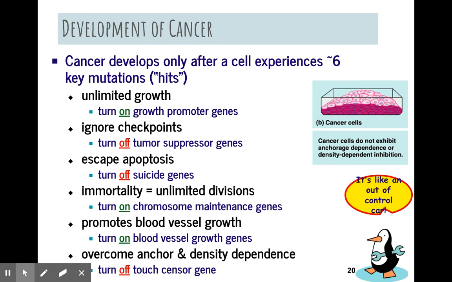It escapes apoptosis, so the suicide genes are turned off. These cells are immortal. They have unlimited division, so we turn on chromosome maintenance genes. These cells also promote blood vessel growth, so we turn on the blood vessel growth genes. And they overcome the anchor and density dependence, so we turn off the touch sensor genes. So these cells don't know when to stop dividing.